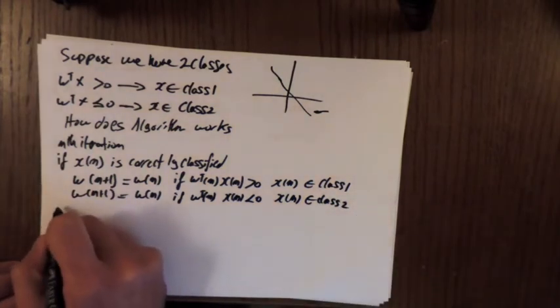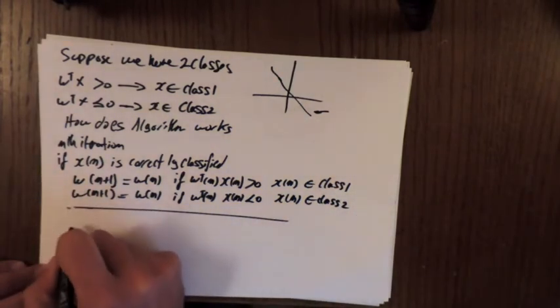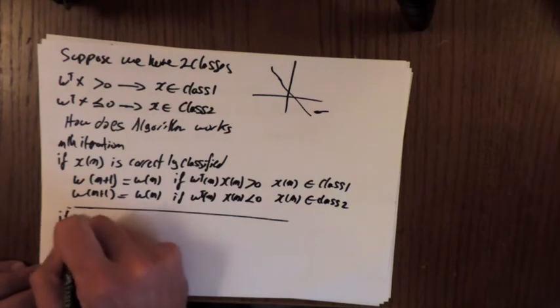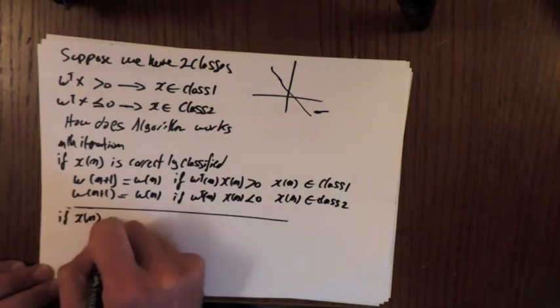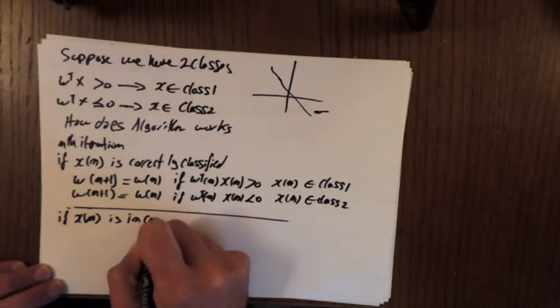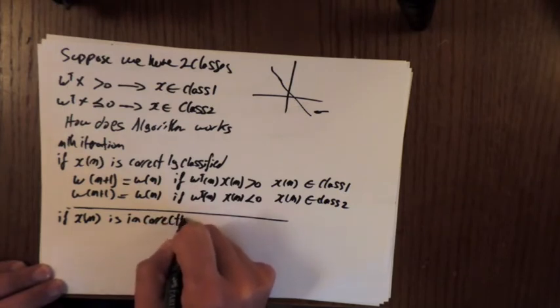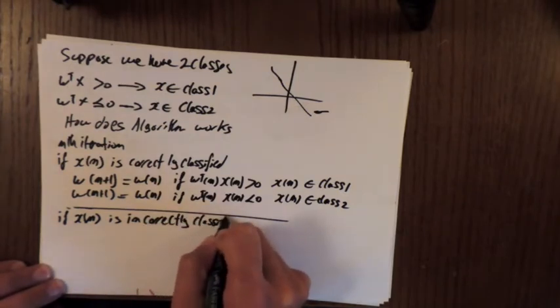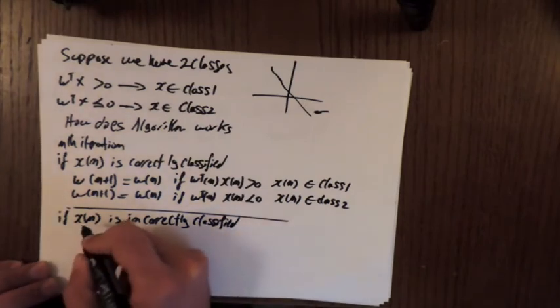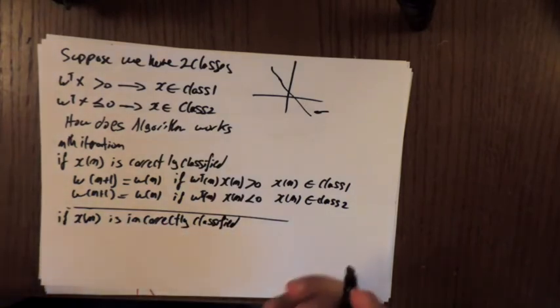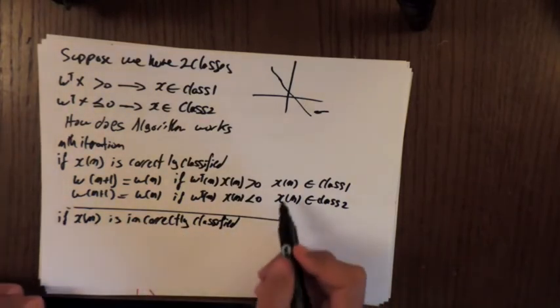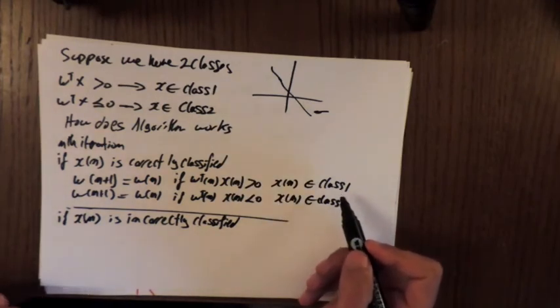Now, the second case, where x of n is incorrectly classified. This happens when some value x of n should be in class 1, however it is in class 2.